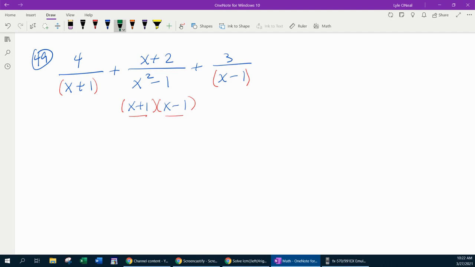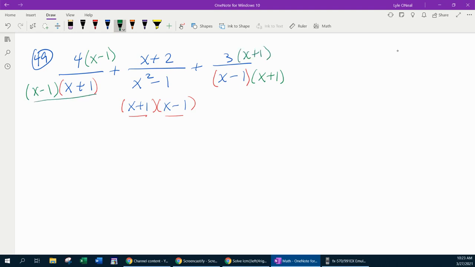And so the first denominator says, hey, he's got an x minus 1. I want one too. And so he gets an x minus 1. Whatever I do to the bottom, I have to do to the top. Now the last denominator is looking and saying, hey, they both have an x plus 1. I want one. And so you've got to give it to him. But whatever you do to the bottom, you've got to do to the top.